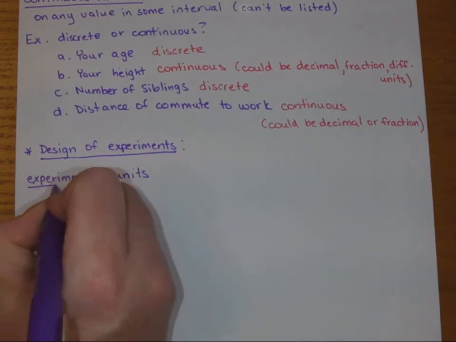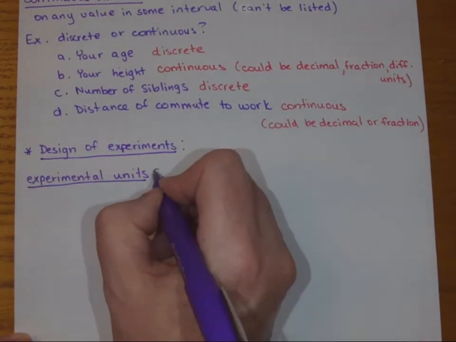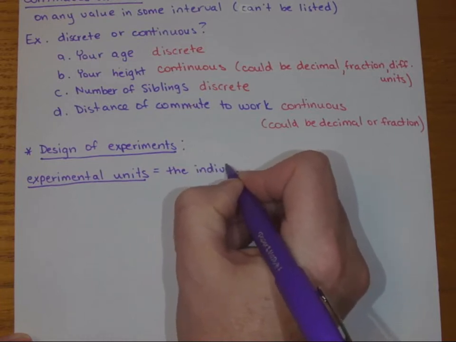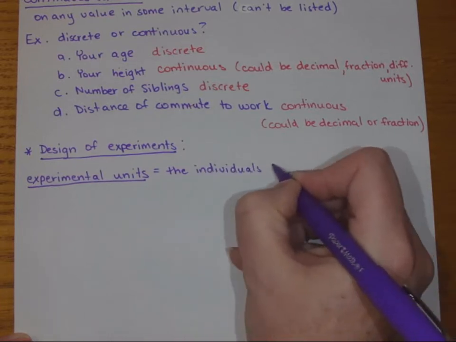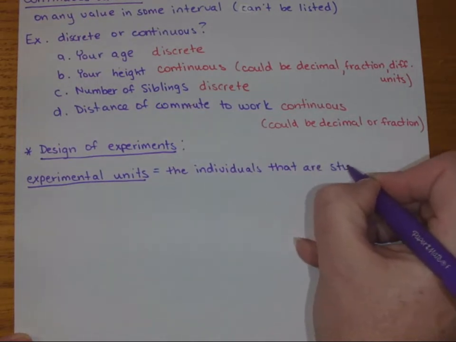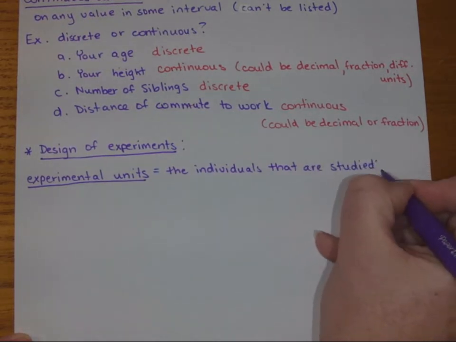So the first term in this category is experimental units. That is a really fancy term for saying the individuals you're going to study. Again, don't make the assumption that individual always means people.